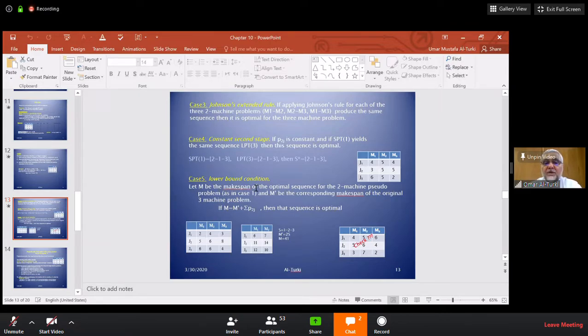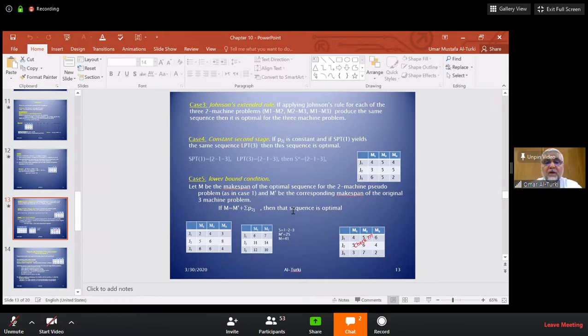We got the optimum sequence, we got the two machines, and we did the same thing as we did in the previous case. Let M prime be the corresponding makespan of the original 3 machine problem. We got the makespan, the corresponding makespan.